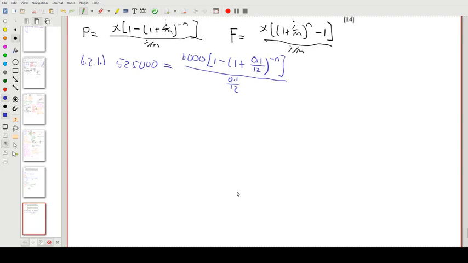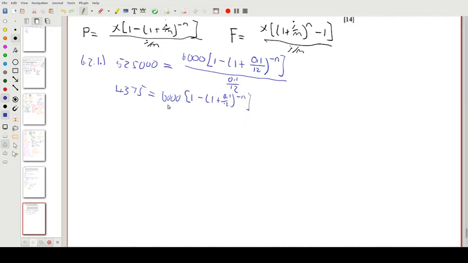Okay, now we need to solve for n. So first thing I'm going to do is multiply both sides by 0.1 over 12. So 525,000 times that will give us 4375. 4375 equals 6,000 times 1 minus 1 plus 0.1 over 12, all raised to the negative n.